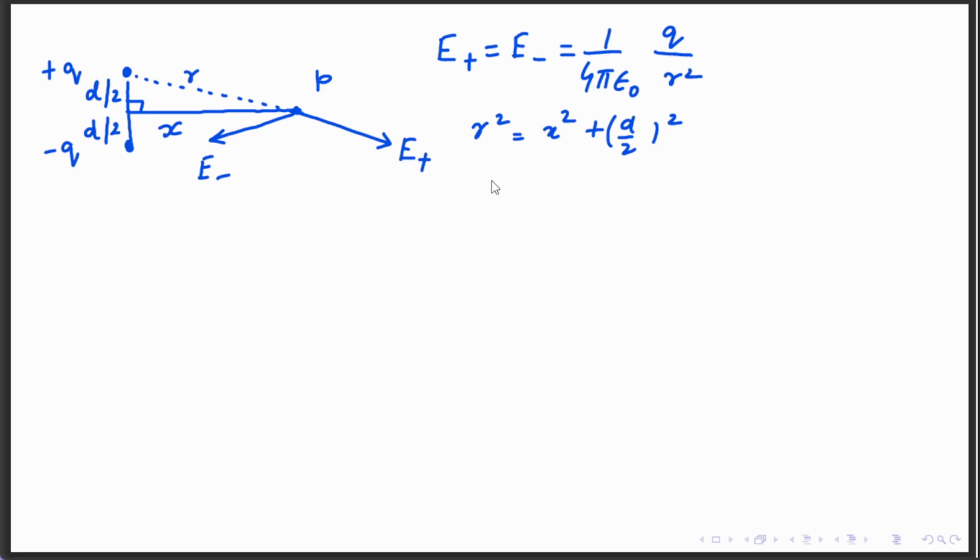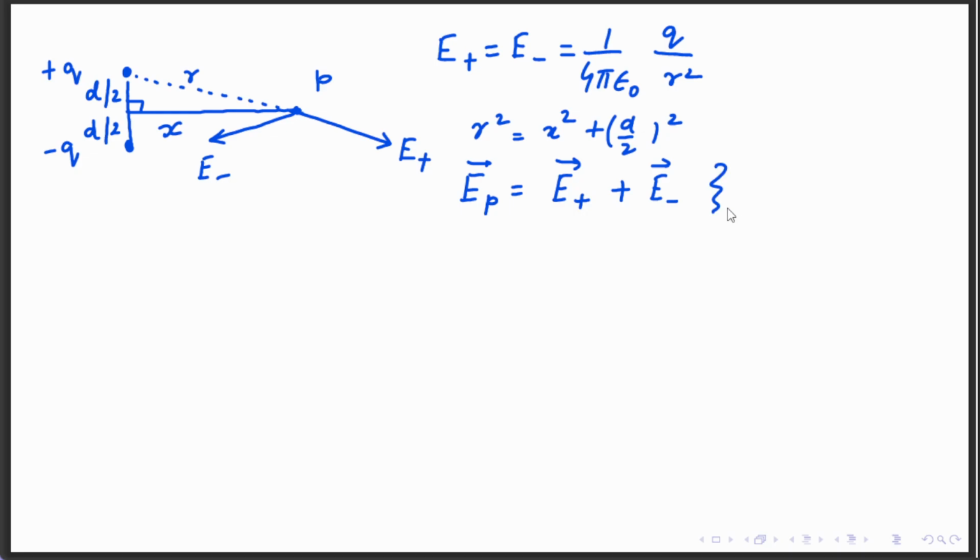So the net electric field at any point P, or the net electric field at this point along the perpendicular bisector, is given by E of P equal to E plus vector plus E minus vector.